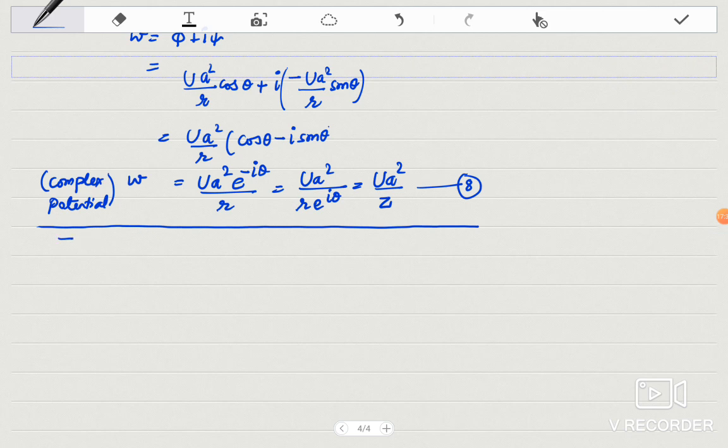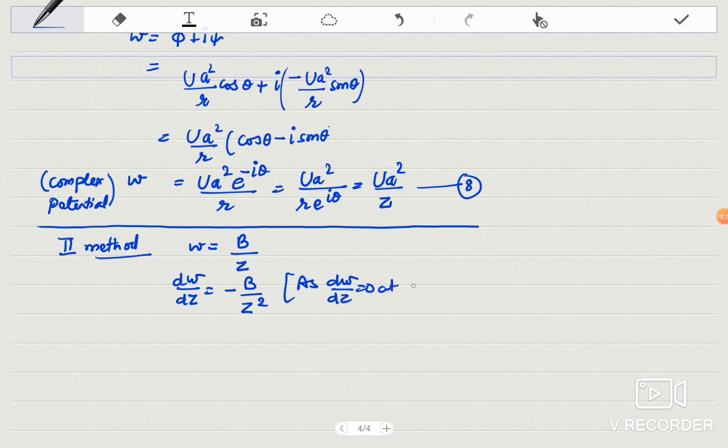This is the second method to find W. Since fluid is at rest at infinity, I assume W to be B upon Z. This is just a hit and trial method, because I get dW dZ is minus B upon Z square, and as dW dZ is 0 at Z is equal to infinity, so it is satisfied.